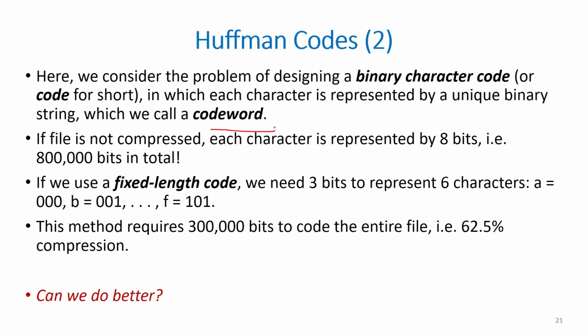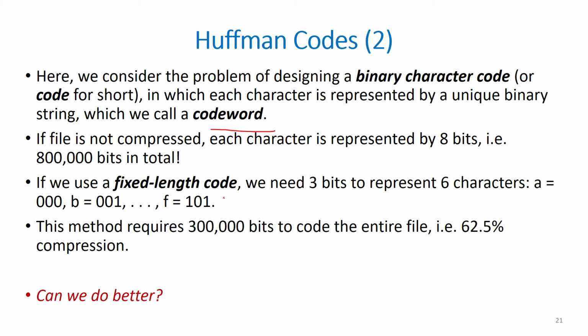Now, given just the 6 characters, that is A, B, C, D, E, and F, we can represent them using 3 bits, since 2 to the power 3 is equal to 8, and we need only 6 unique binary representations.